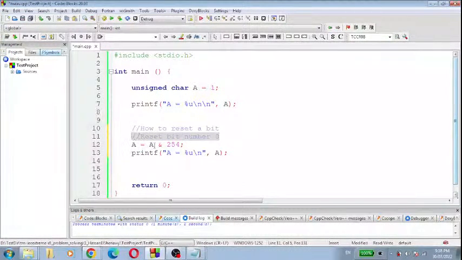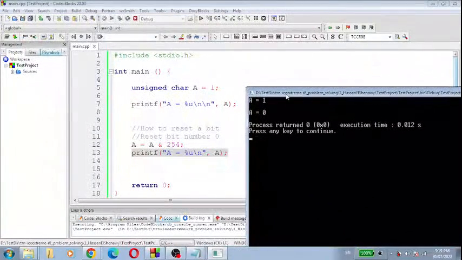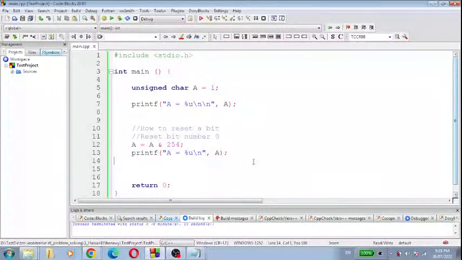So I'm going to have my A bitwise ANDed with 254, and I'm going to print the result. The result should be 0. So yes, I have it here: A equals 1, then A equals 0. So that's it. This is called bit masking.